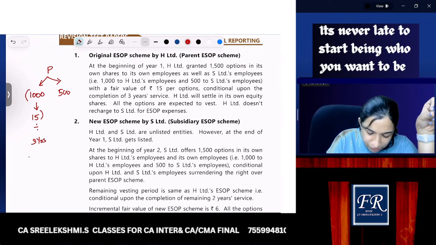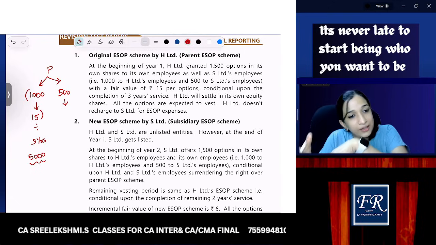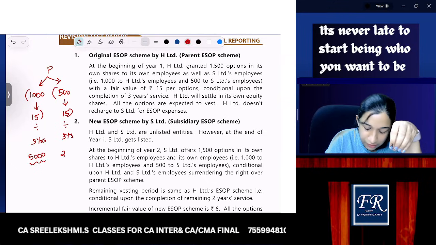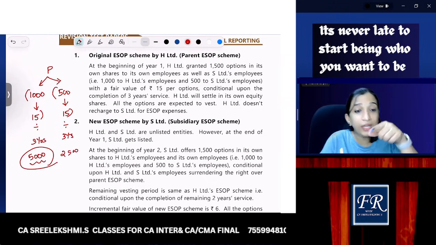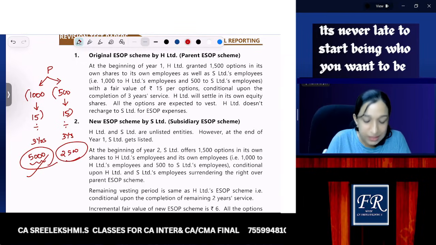So employee benefit expense to ESOP reserve is 5,000. And it is also giving to the subsidiary's employees, so 500 into 15 divided by 3 years, it is 2,500. So employee benefit expense debit 5,000, investment in subsidiary 2,500, to SBP reserve 7,500. That will be the journal entry.